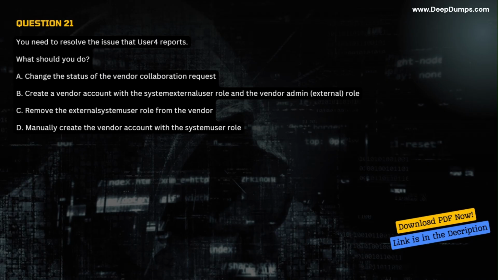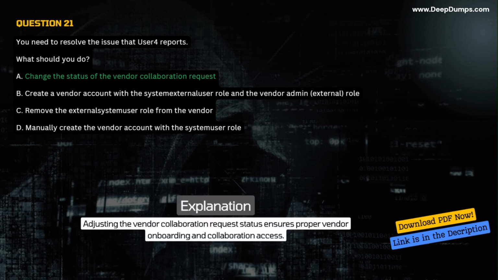D. Manually create the vendor account with the system user role. Correct answer A. Change the status of the vendor collaboration request. Explanation. Adjusting the vendor collaboration request status ensures proper vendor onboarding and collaboration access.